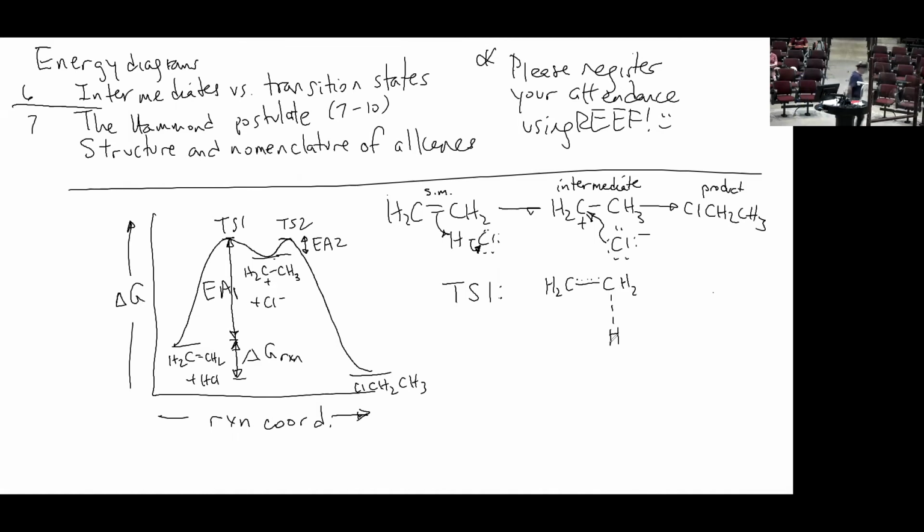I'm sorry, do you need to know what? Yeah, you can apply Hammond's postulate to any reaction. The question is if you have to know the relationship of Hammond's postulate to other reactions?